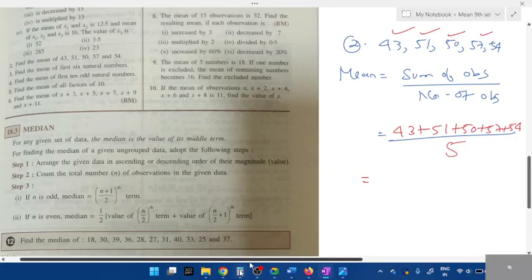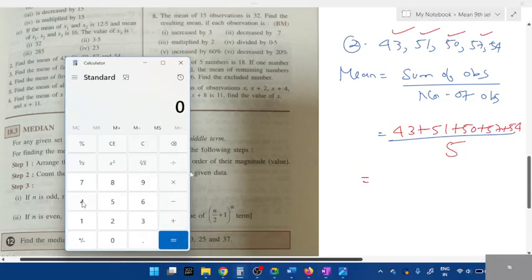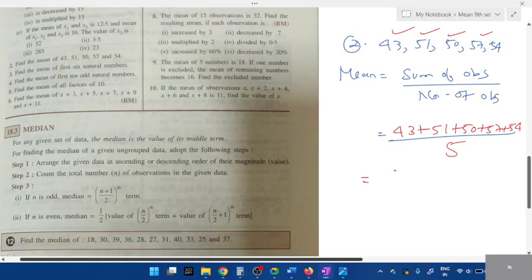What's the value, students? 43. Let me check. What is this? 220? Is it correct?